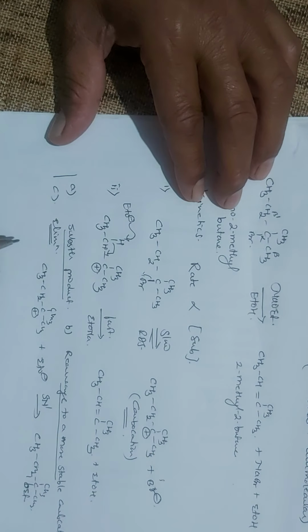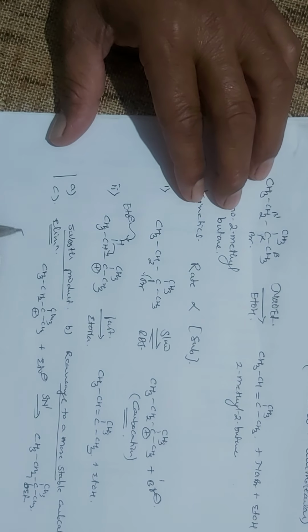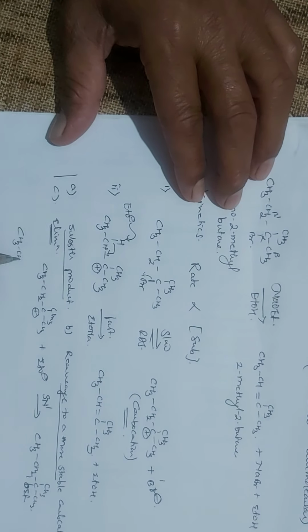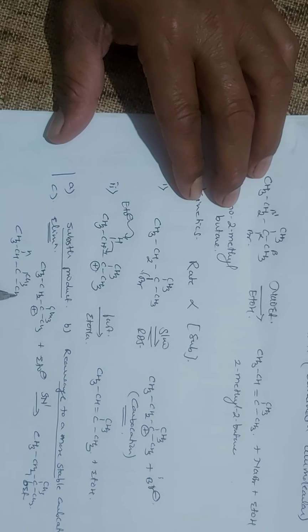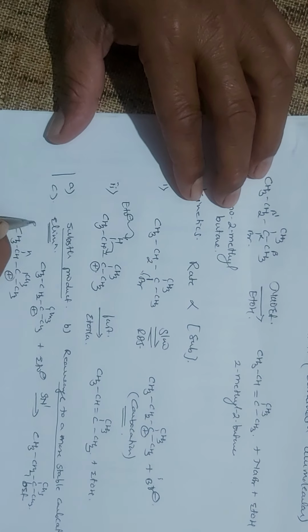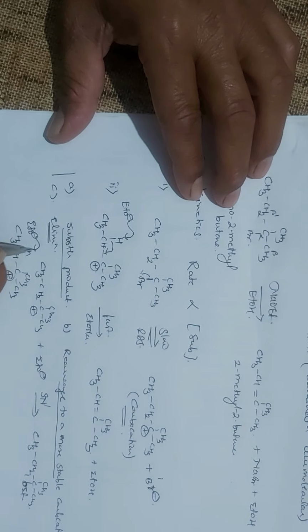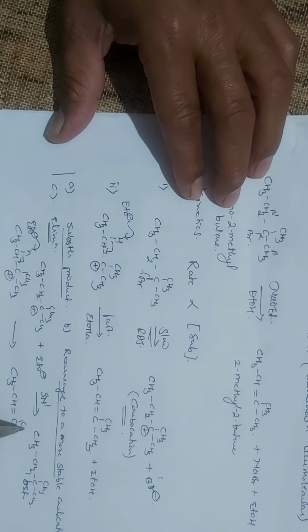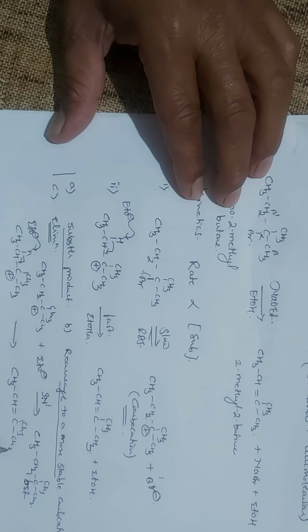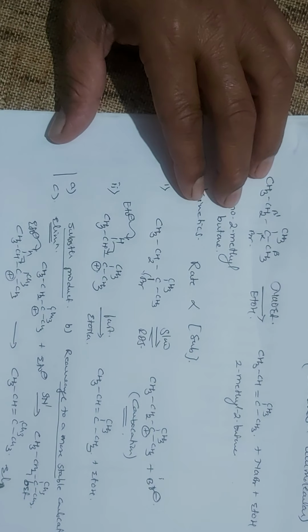And the elimination product that we have seen: EtO minus abstracts this proton, and you get 2-methyl-2-butene as the product. So this is the elimination product.